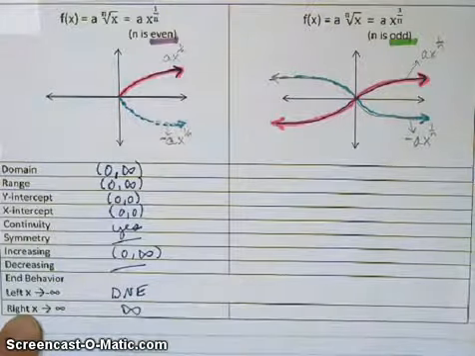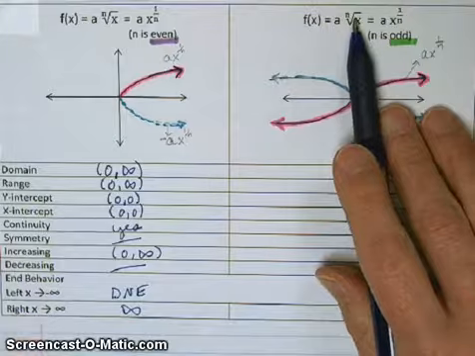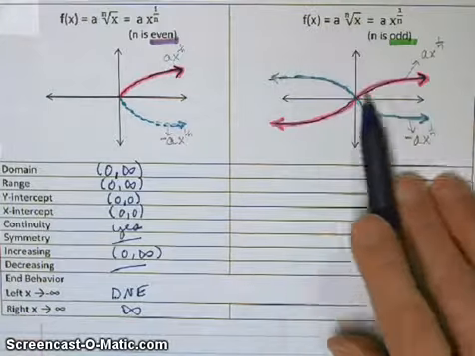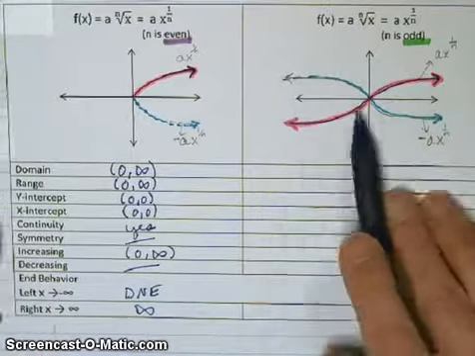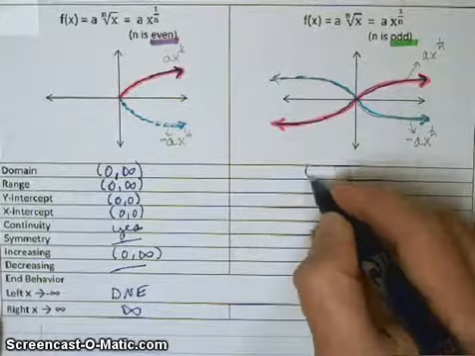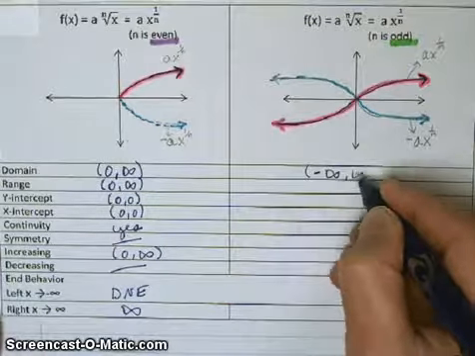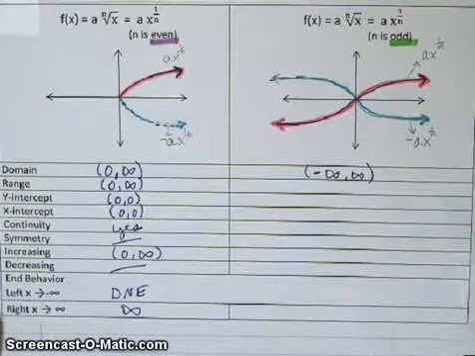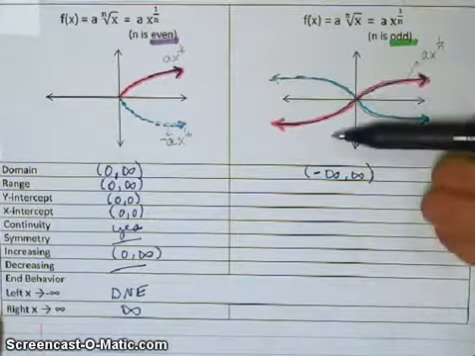So now let's look at the cube root, the fifth root, any odd root. The domain of that function would be all reals, negative infinity to infinity. And the range can be all reals as well, negative infinity to infinity.